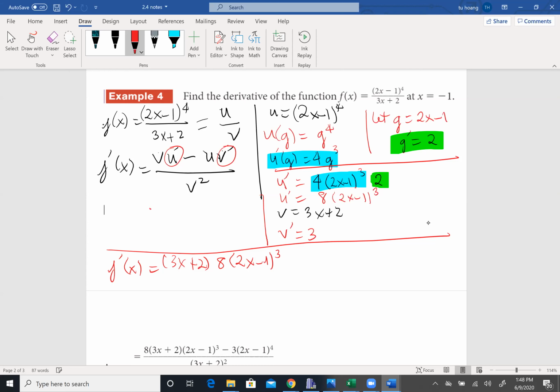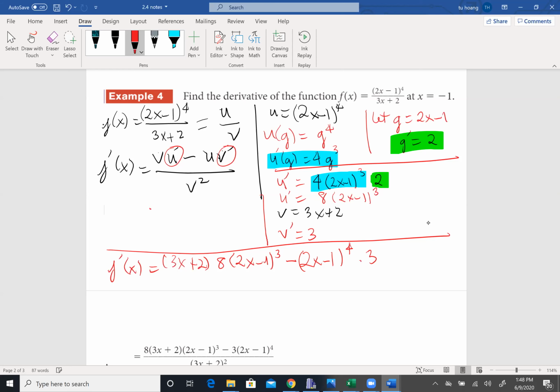Because this is all a factor, I don't need parentheses, but if you put parentheses, that's fine. Minus the u, what's u? U is 2x minus 1 to the power 4. And multiply v prime, which is 3.